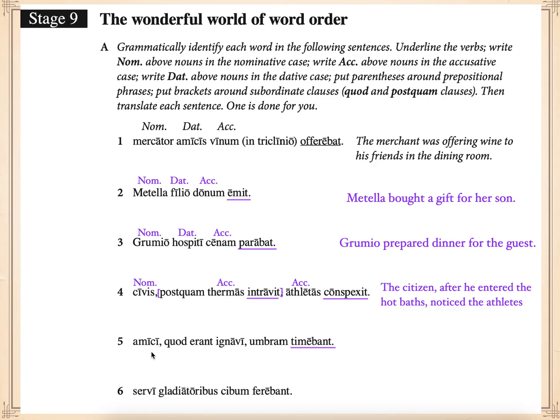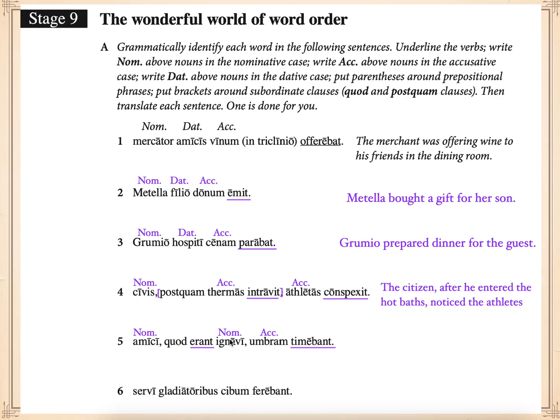So let's do this next one. Number five. Amici quod erant ignavi umbram timebant. So here I underline the verb. That one's easy to do. And so my subject is amici. Let's mark that as nominative. Let's find my direct object. It's umbram. Let's mark that accusative. And now we can see, oh yeah, I've got a subordinate clause here. We're going to put that into brackets. And then you can see ignavi, that's a nominative.